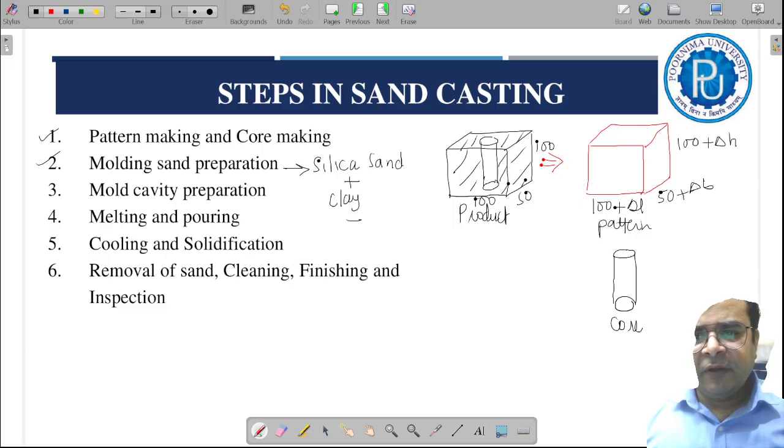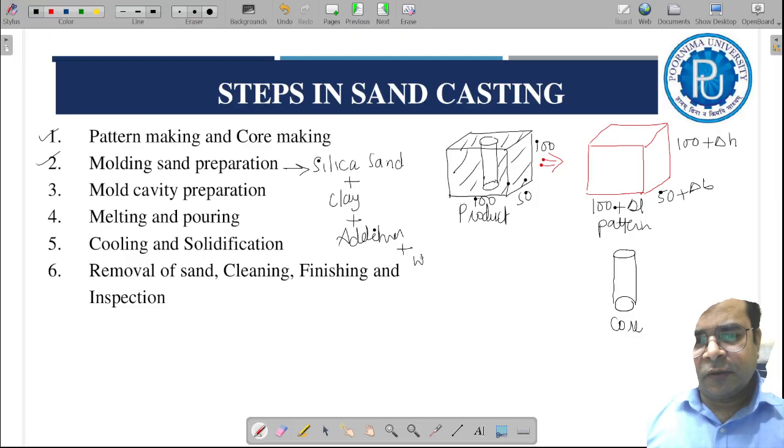Along with this clay we also add some additives, and obviously we also add some water.